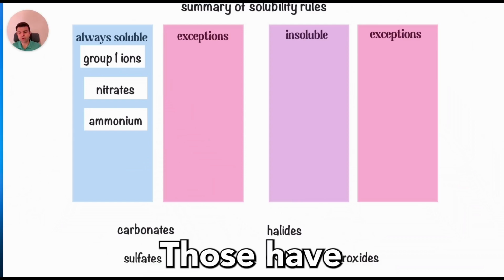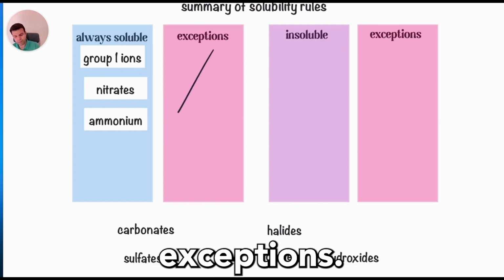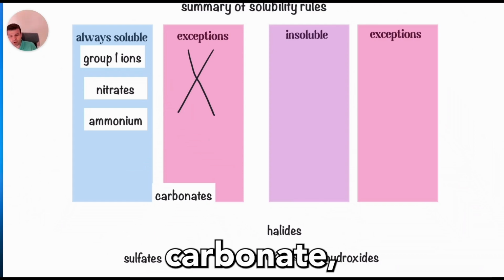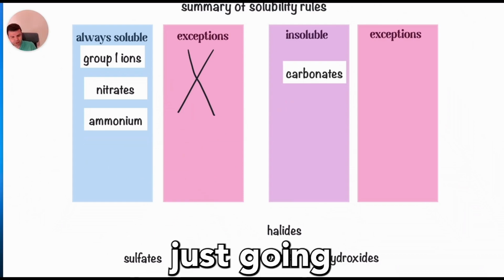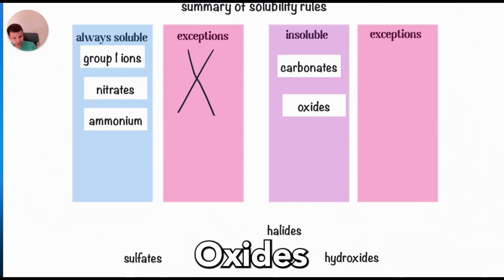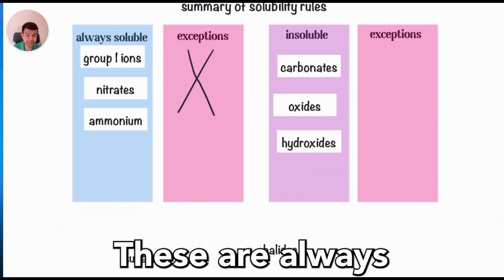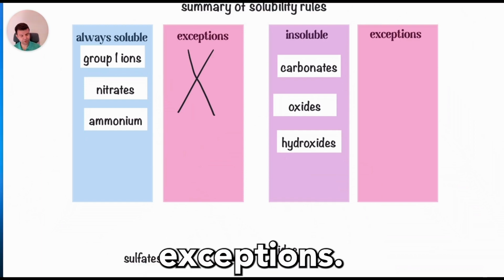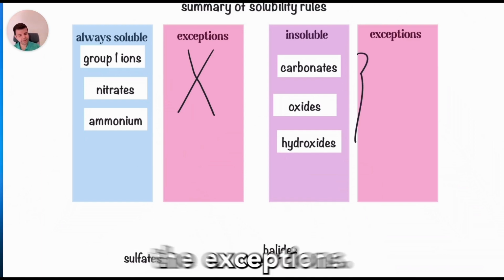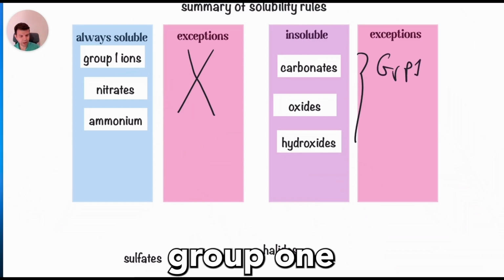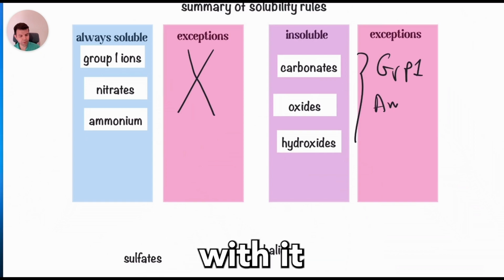Those have no exceptions. If I have carbonates, oxides and hydroxides, these are always insoluble, but I do have exceptions. What are the exceptions? If you have group 1 or ammonium with it.